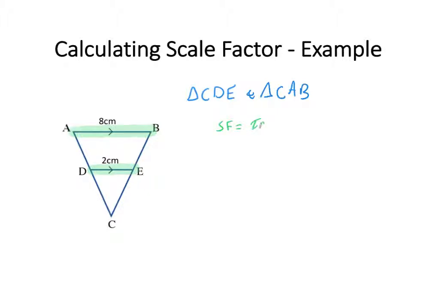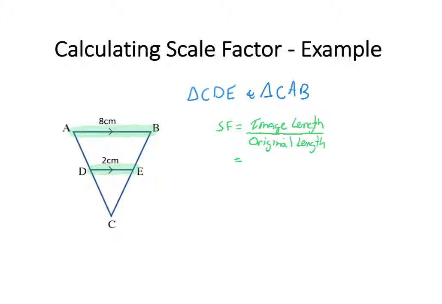Scale factor equals image length divided by original length. And that is equal to... So now I need to go ahead and substitute my values from the question into the formula. Now, when it hasn't been specified which one is the image and which one is the original, you can choose one and make that your image.